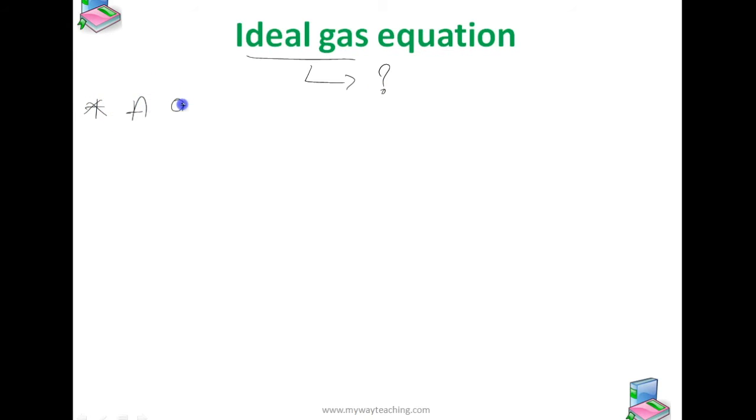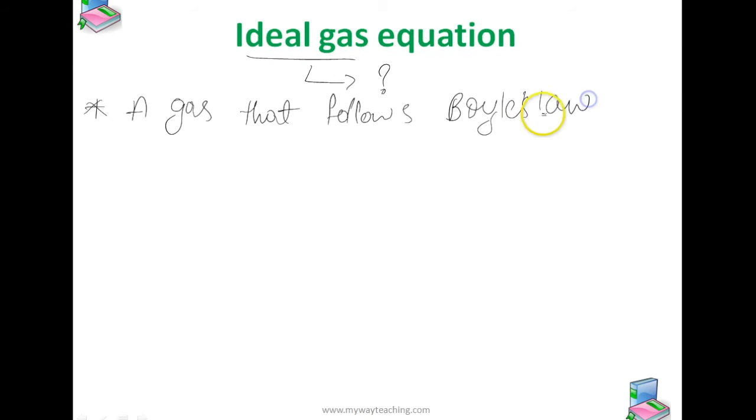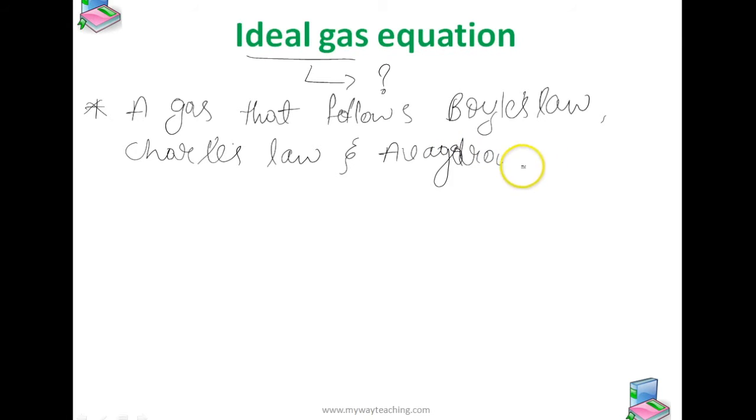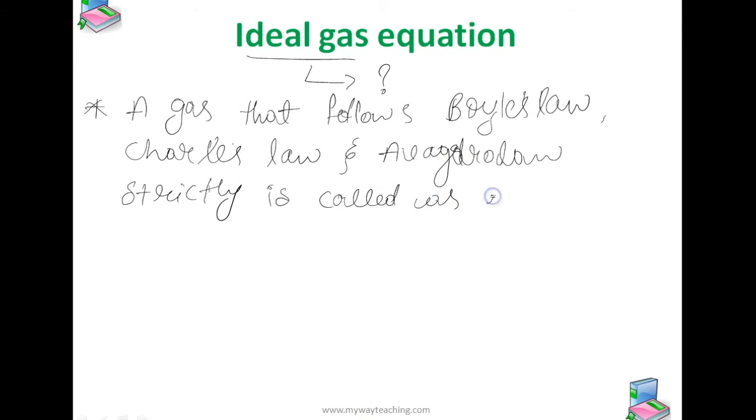A gas that follows Boyle's law, Charles' law and Avogadro law strictly is called an ideal gas.